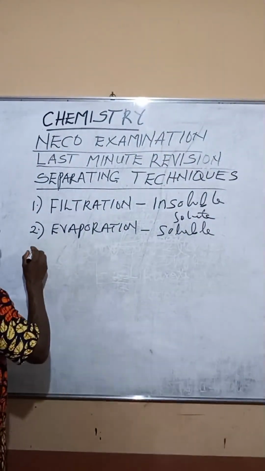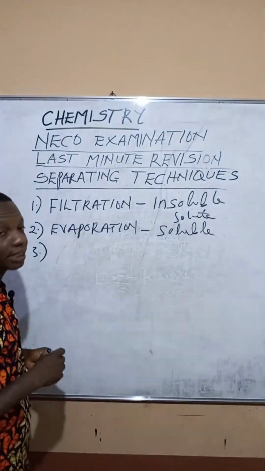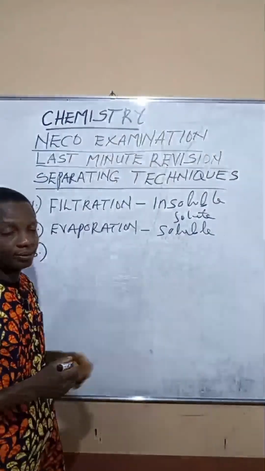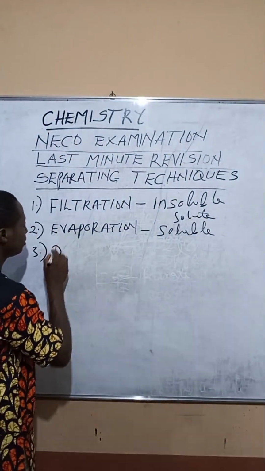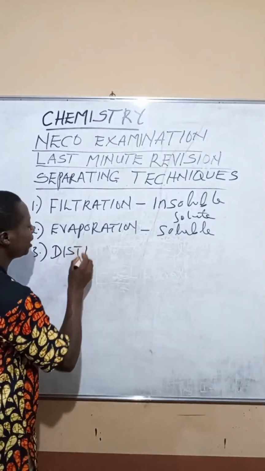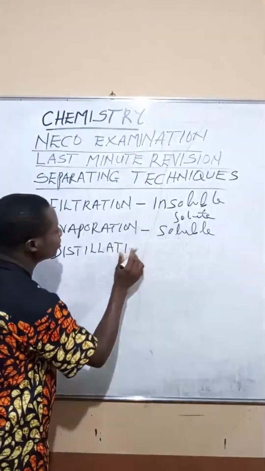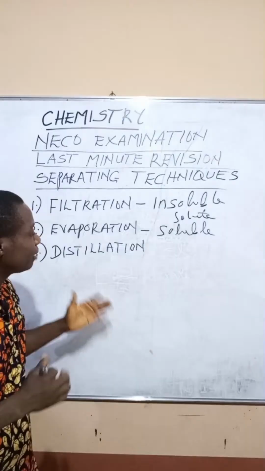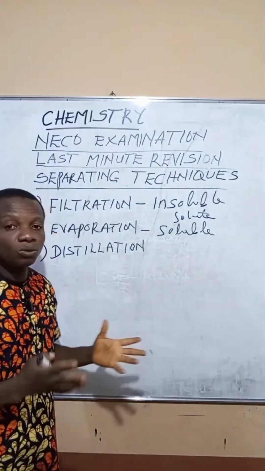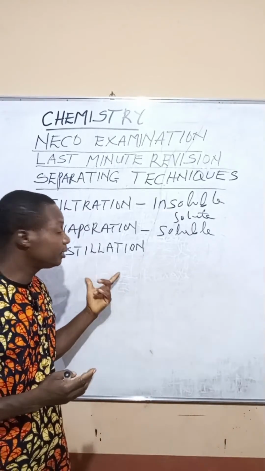Then the third one, which is very important, is distillation. Distillation is another method. Now, distillation is used for separating two liquids with different boiling points.